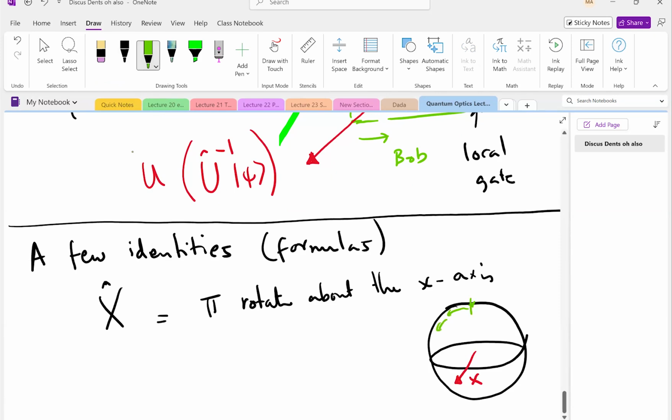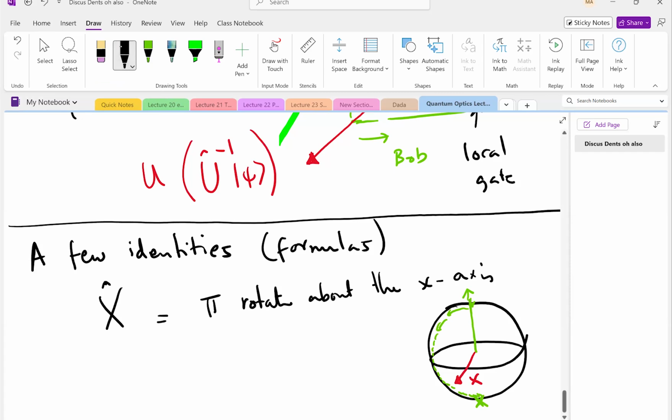So it takes a state that is here, you go around the large circle on the Bloch sphere, and end up here. And this X becomes your axis of rotation. So this is what an X gate is.